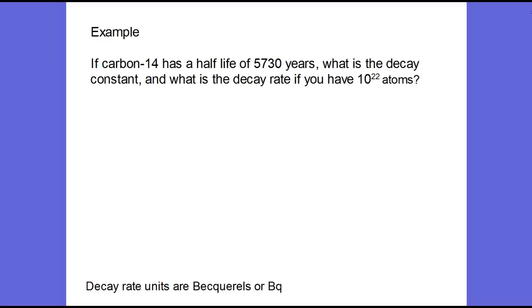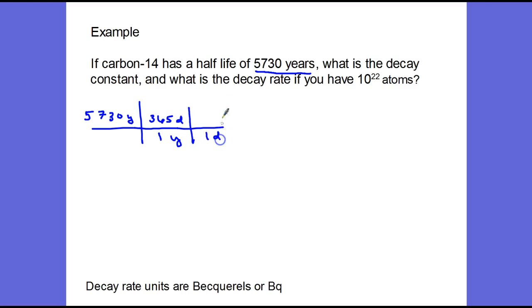Okay, so an example: if carbon-14 has a half-life of 5,730 years, what's the decay constant? What's the decay rate? You started with 10 to the 22nd atoms. So first thing, we need that half-life in seconds. So we're going to say 5,730 years, the conversion here. In 1 year, there are 365 days.